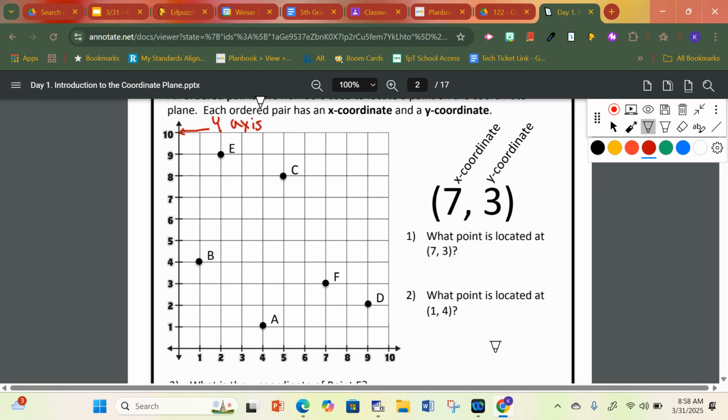Everybody write that in so you know that that line is the y-axis. And then the line that goes horizontally is the x-axis.